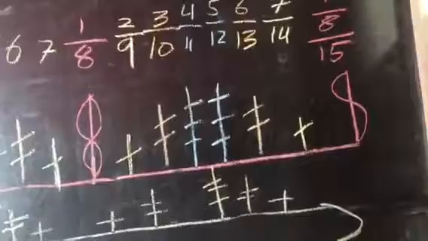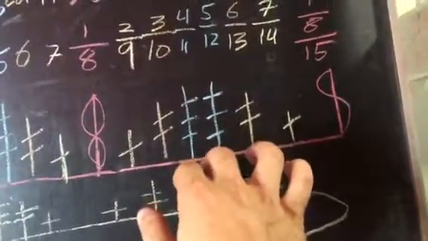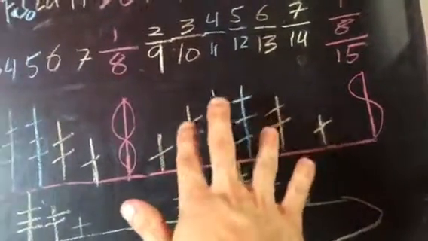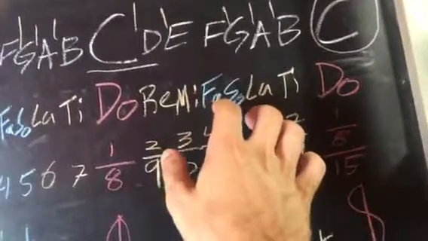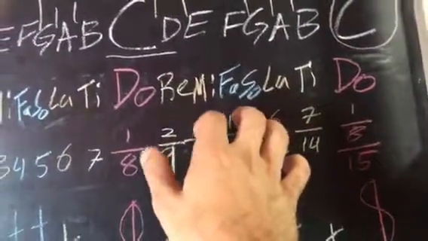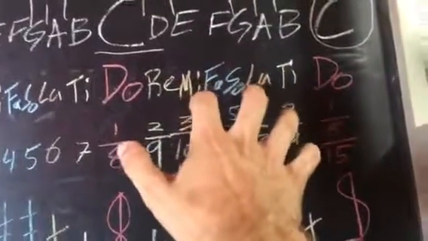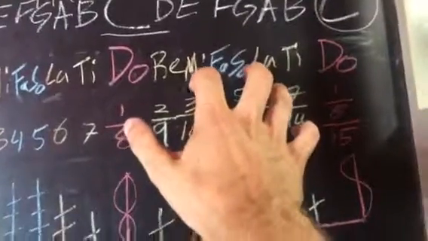If people ask why the pentatonic scale is just 1, 3, 5, 6, the pentatonic scale would be do, mi, so, la, so, mi, do. And you'll hear those little spaces all the time. It's really nice spaces to work with.